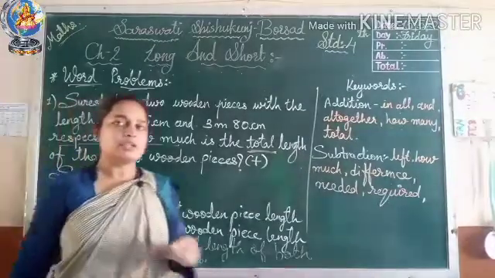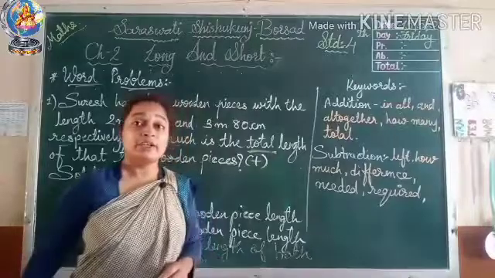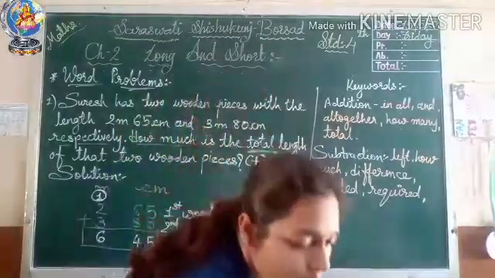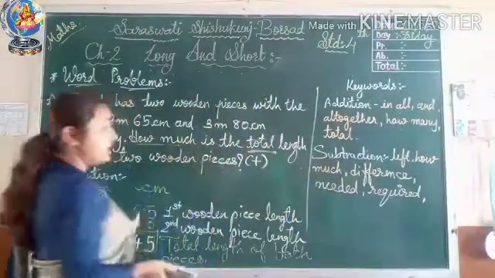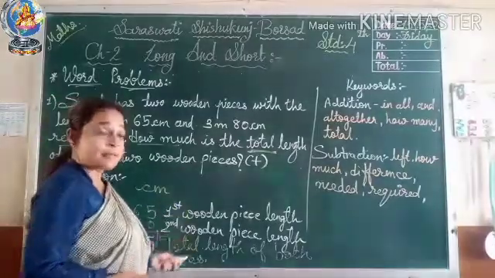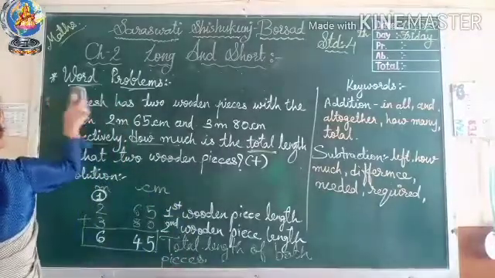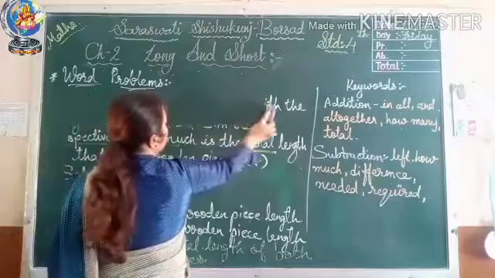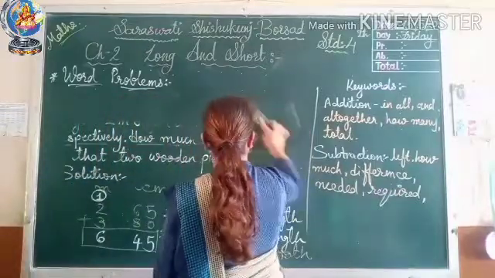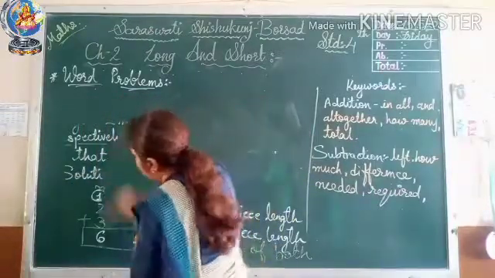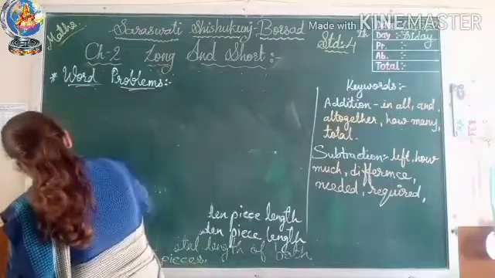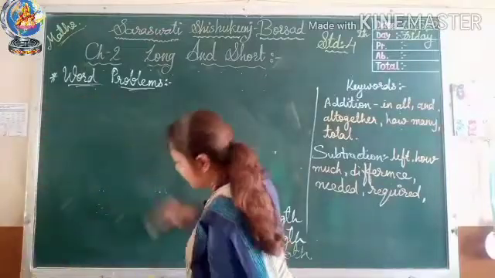Now let me show you another word problem with subtraction sums. With subtractions, it is the same way. This sum was with meter and centimeter. Now let's have a subtraction sum with kilometer and meter.